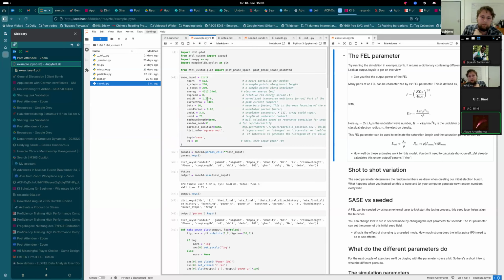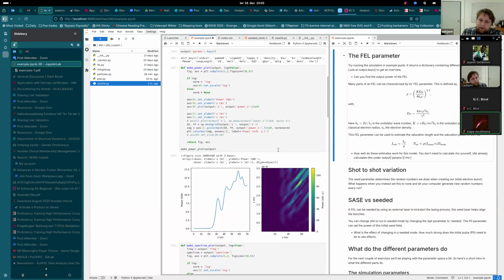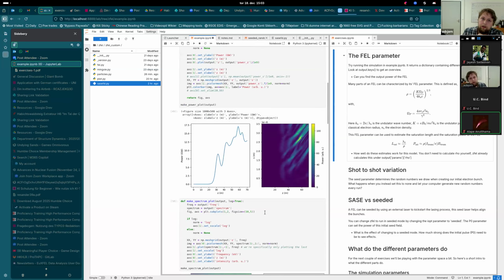So the way this differential equation is solved, all of these differential equations are solved, is that we start at the back of the electron bunch, and then we step over the electron bunch, and then we move it a little bit forward, and then we step over it again, and this gives you the field as it evolves through the electron bunch and through the undulator.